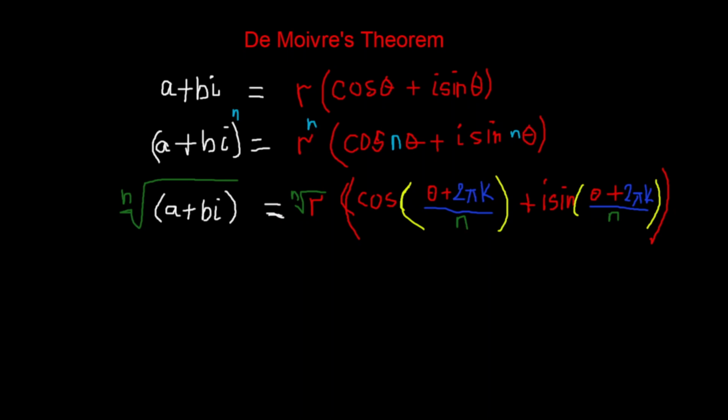First of all, to make things clear, we know a circle is equal to 2 pi radians or 360 degrees. So this 2 pi only works if your theta is in radians.